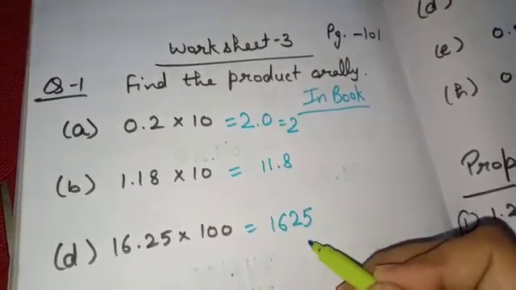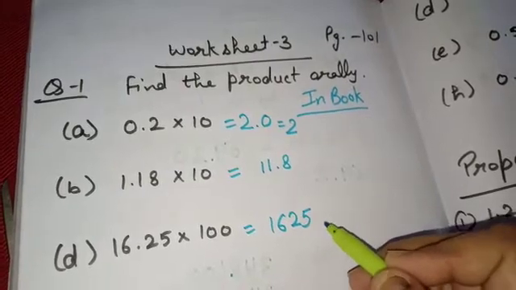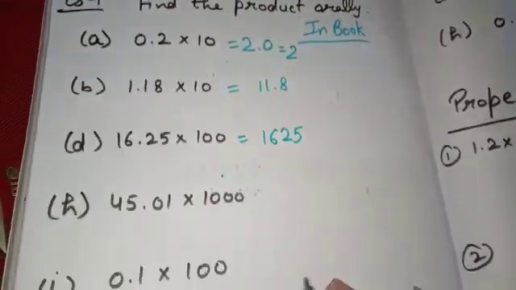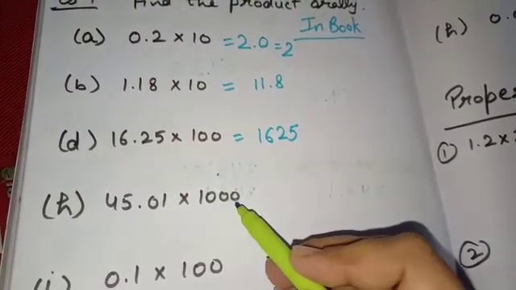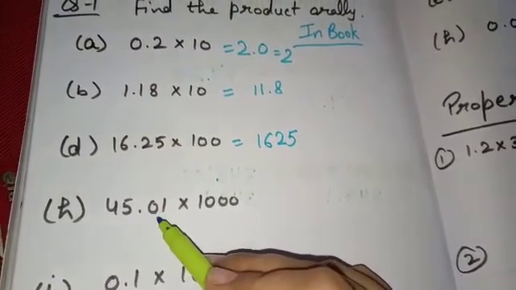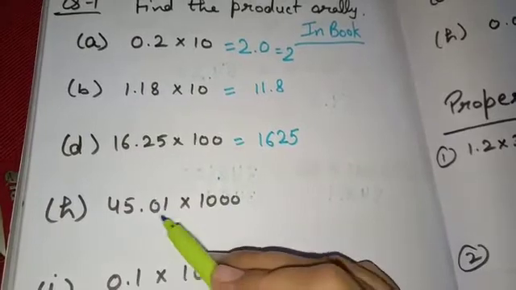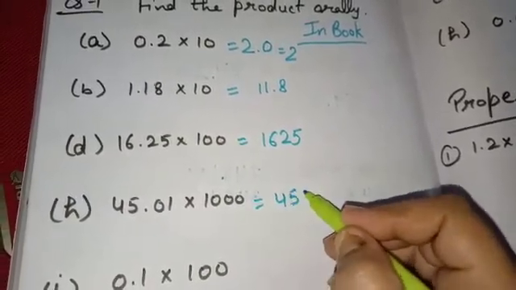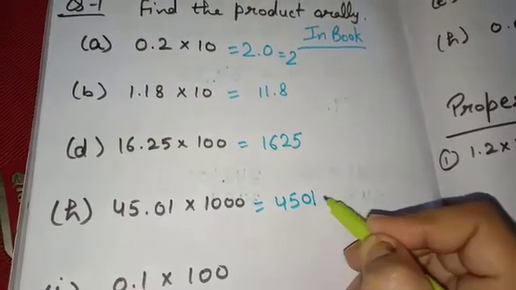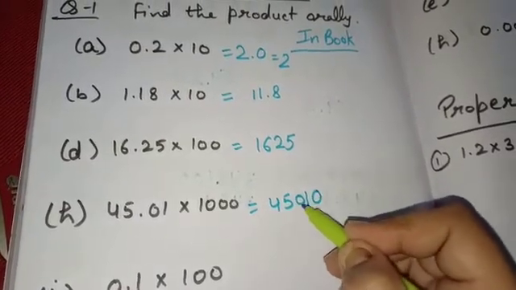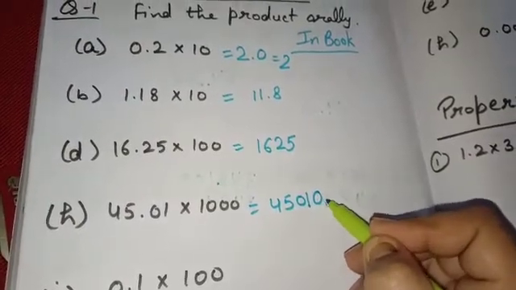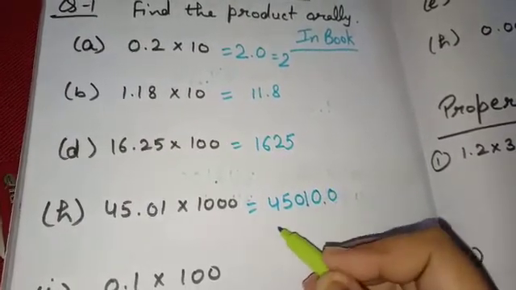So this is 1625.0 we have to write, so that can be avoided. Here also, three zeros but only two digits. How can we do this? 4501. We will add one more zero to make the condition true, that the decimal will shift three digits to the right side, and then 0.0.